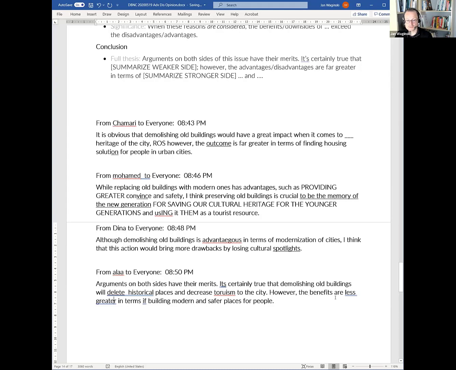However, the benefits are less greater. What does that mean? What does are less greater mean? Like the advantages outweigh the benefits.